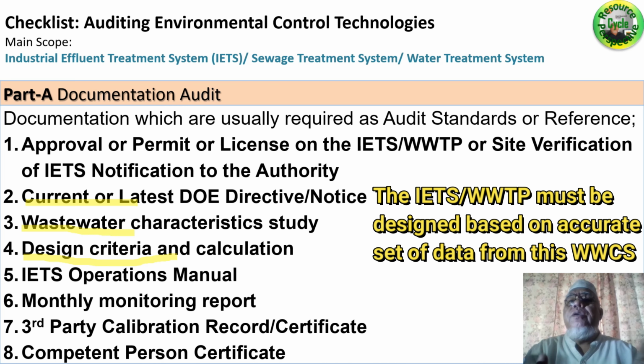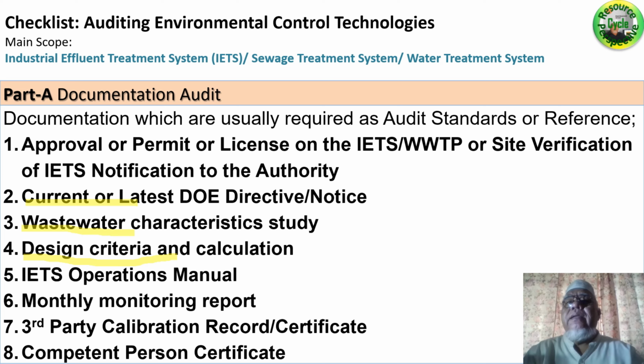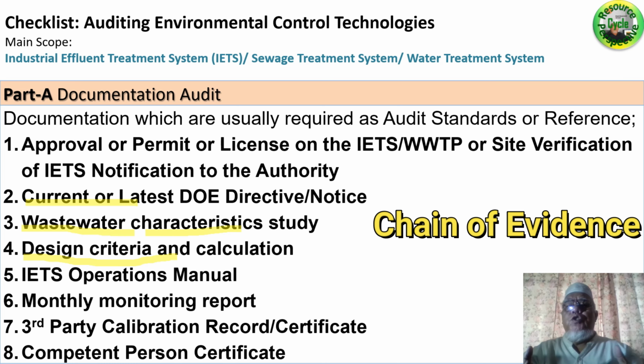In other words, the IETS design must quote a reference to this particular wastewater characteristics study as the basis of their design, without which I'd call it random design, and has broken the audit trail within the chain of evidence between the IETS design and the actual pollution load.